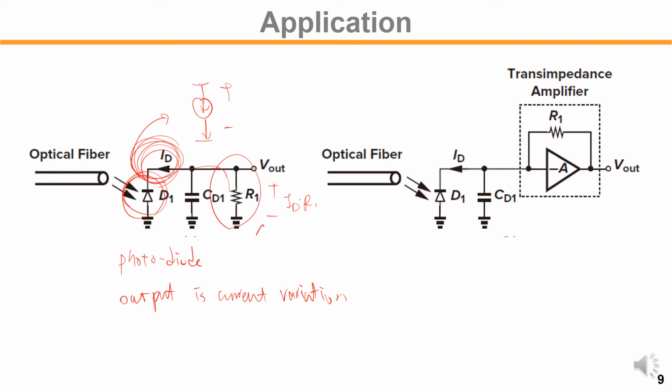But the problem with this kind of structure is that whenever you load some kind of impedance on the right, the output voltage will change, right? This passive network's characteristic is very dependent on the output load condition.